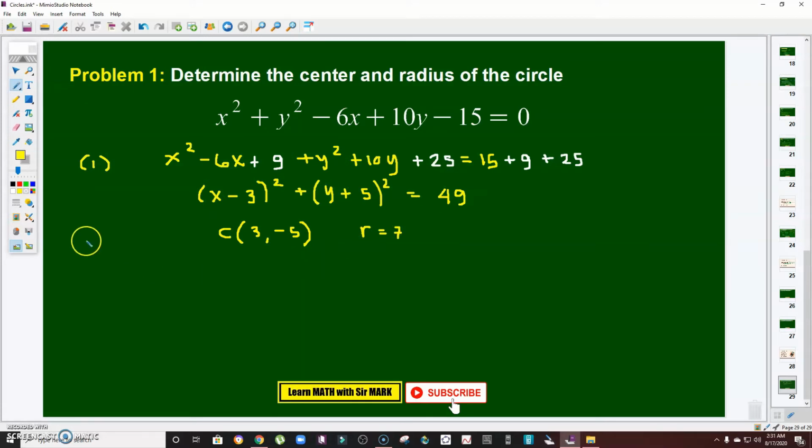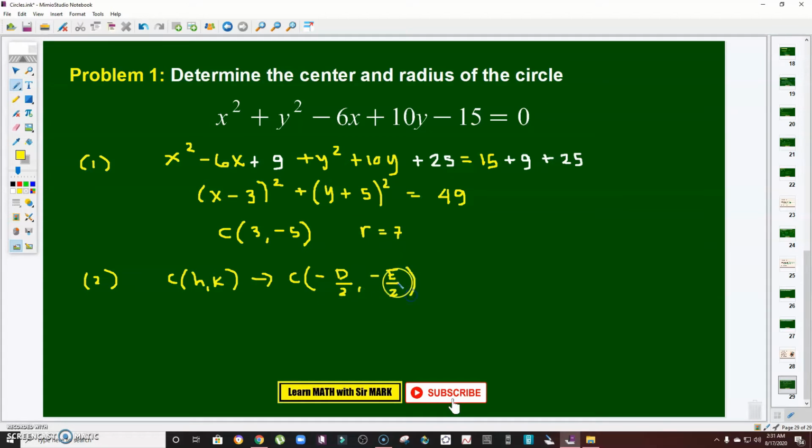So that's for completing the square. Now, using a formula, let's recall the formula. Since we represent the center as (h, k), but the general equation is given, one way to do it is that h can be written as negative d over 2, while k can be written as negative e over 2.